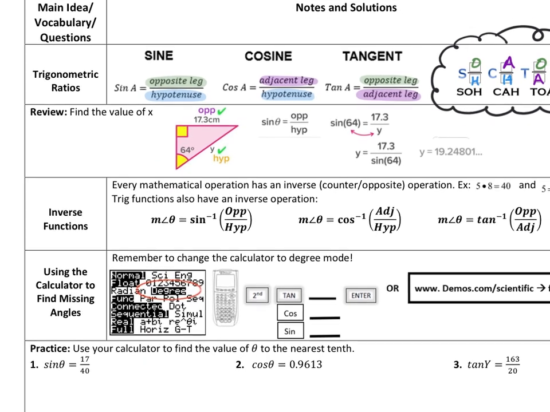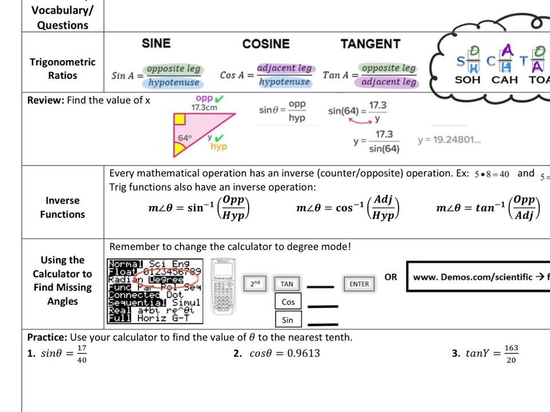What we're doing today is we're looking at the inverse version of sine, cosine, and tangent. These are called inverse functions. Now this makes sense to us because we've learned about inverse operations for basically our whole life. Thinking like addition, what is the inverse of addition? Subtraction. What is the inverse of multiplication? Division.